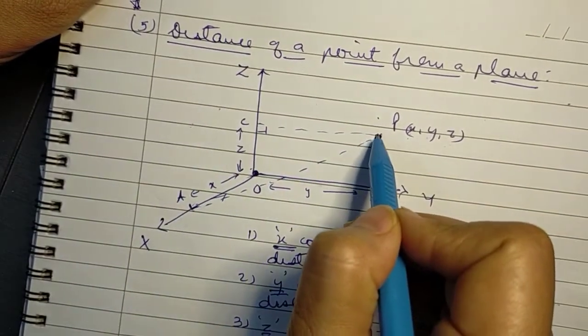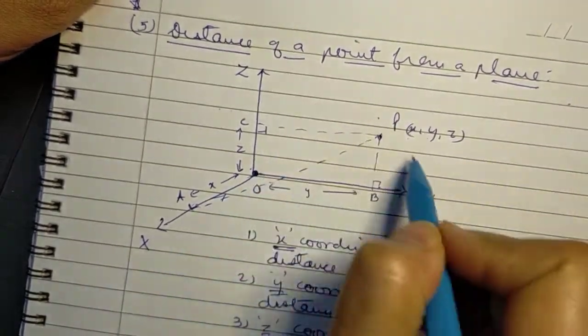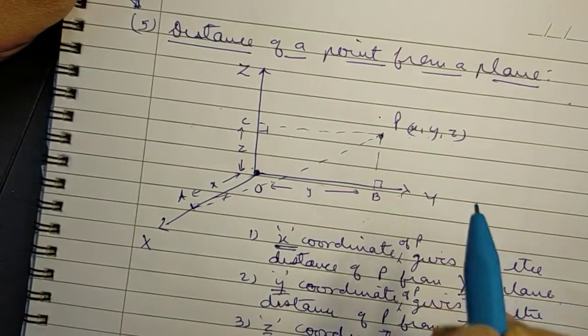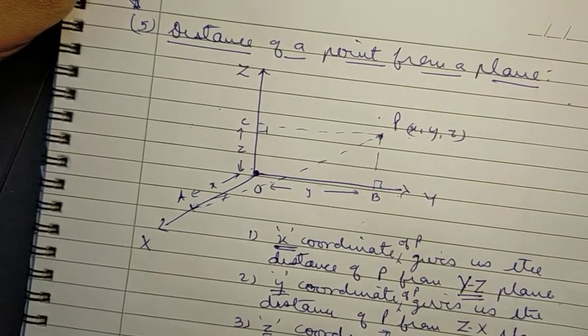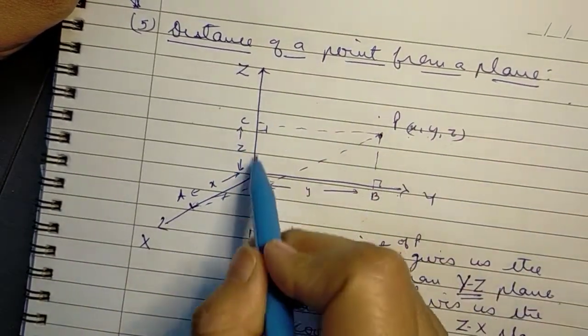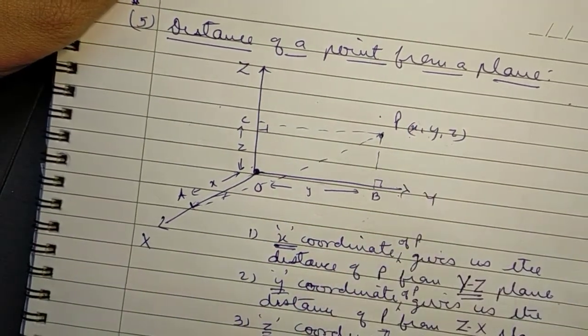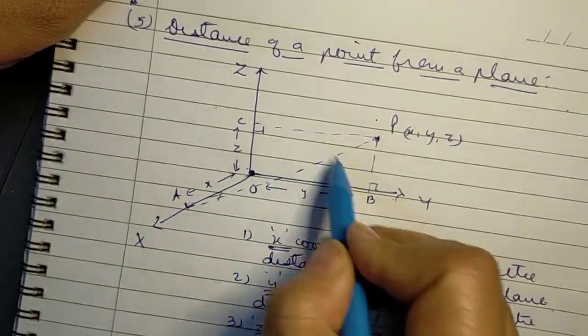That is, if you drop a perpendicular from this point, see this point is in space, though it appears here that we are drawing it in the YZ plane, actually it is in space. When you drop a perpendicular from P onto the YZ plane, it will be along the direction perpendicular to the YZ plane, which is the X direction, and so the X coordinate gives you the perpendicular distance of P from the YZ plane.